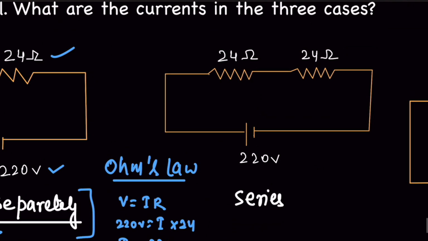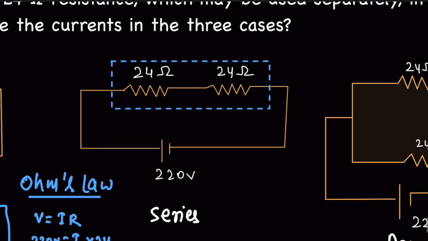Now similarly, we can find the current in series arrangement. To find the current in the series arrangement, first we have to find the total resistance of the system. So total resistance, we can use the formula R is equal to R1 plus R2. So R is equal to 24 plus 24, it's equal to 48 ohm. Now we have the total resistance. Already we have the total voltage.